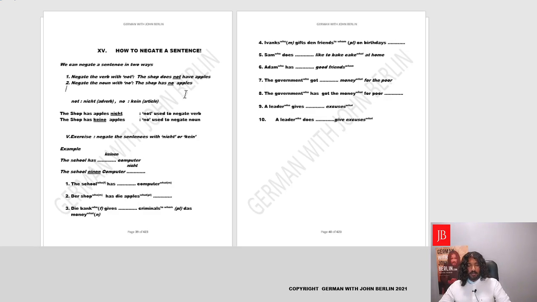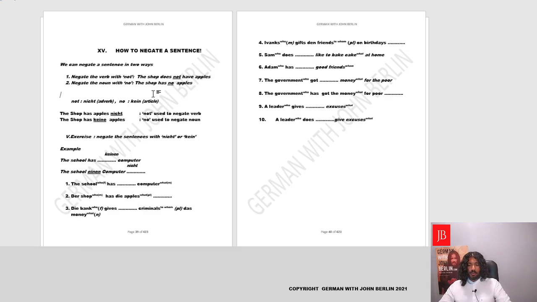Yes, there's an alternative. I could rather say the shop has no apples, in which I use no, which is a negative article, which we learned earlier, and I negate the noun, apples. In both cases, either I negate the verb or the noun, the sentence gets negated.